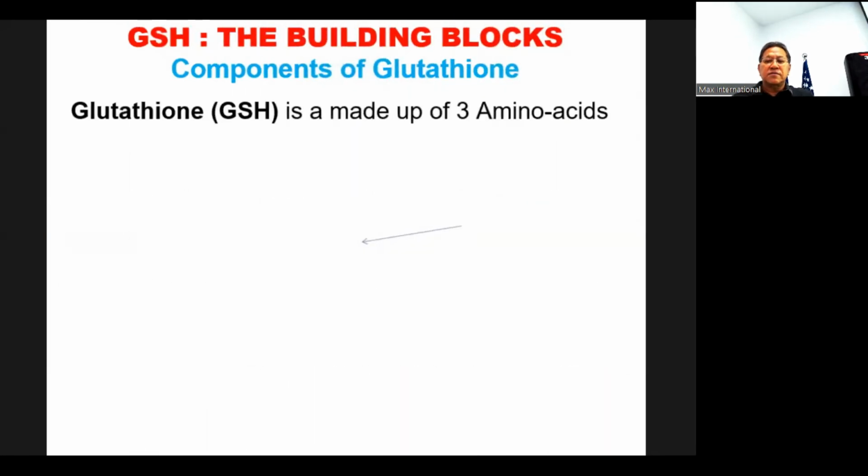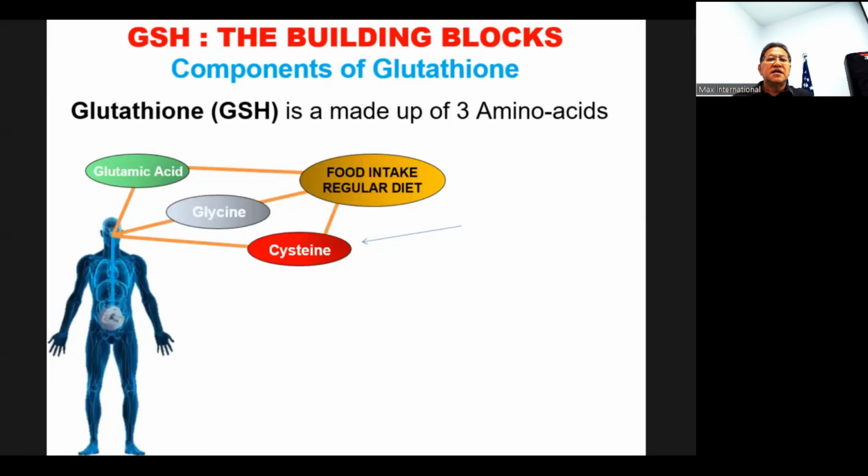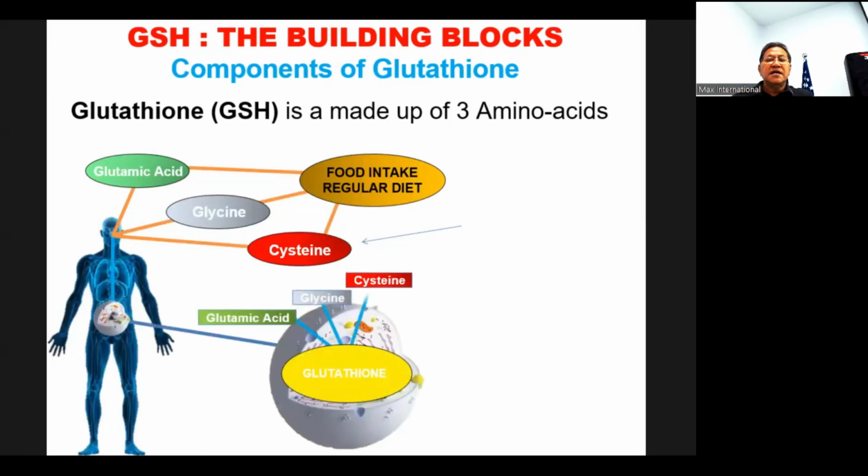Then we need to go back to the science of glutathione, remembering that it is made of 3 amino acids: glutamic acid, cysteine, and glycine. And as mentioned earlier, it is cysteine that is the fragile component and also the most important component because it has the sulfhydryl group that gives glutathione its function.